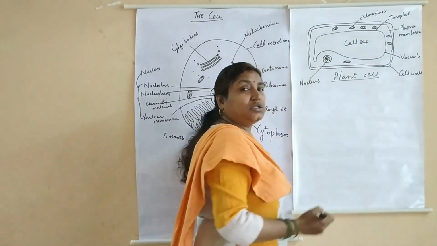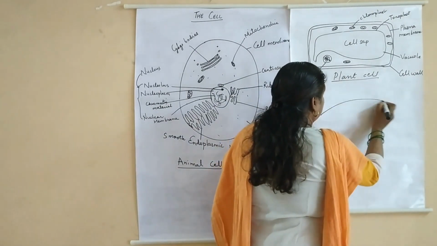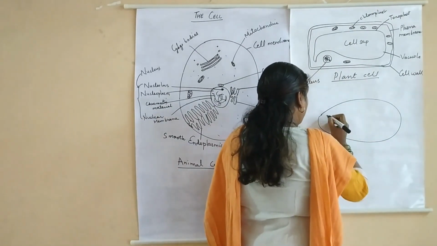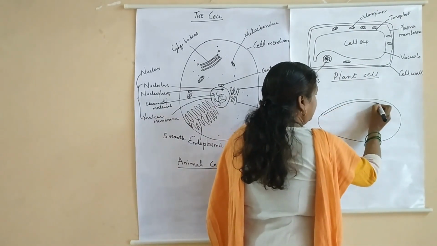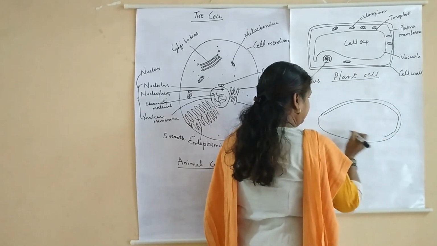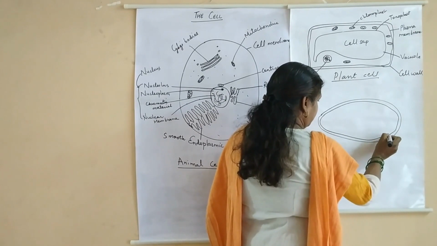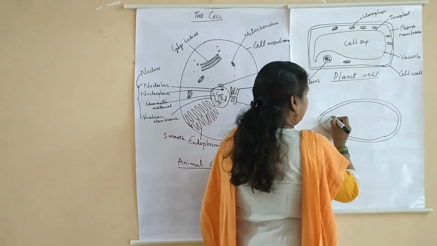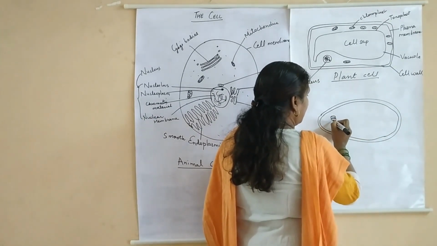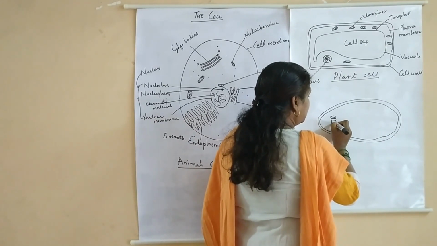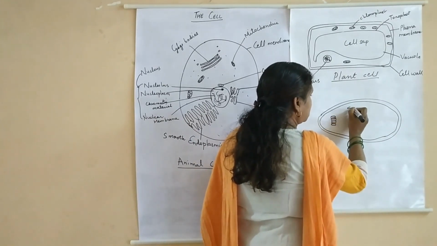Now the chloroplast is also a double membranous structure. It also has a double membrane, having stacks of disc-like flattened structures.